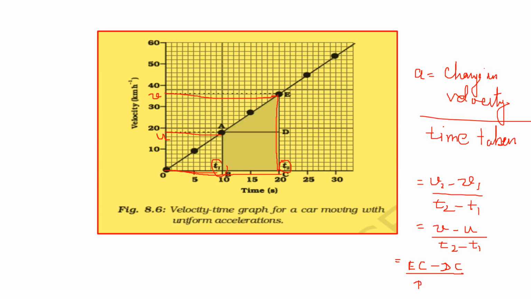And this is equal to EC minus DC equal to ED. ED upon BC. And BC is equal to AD.